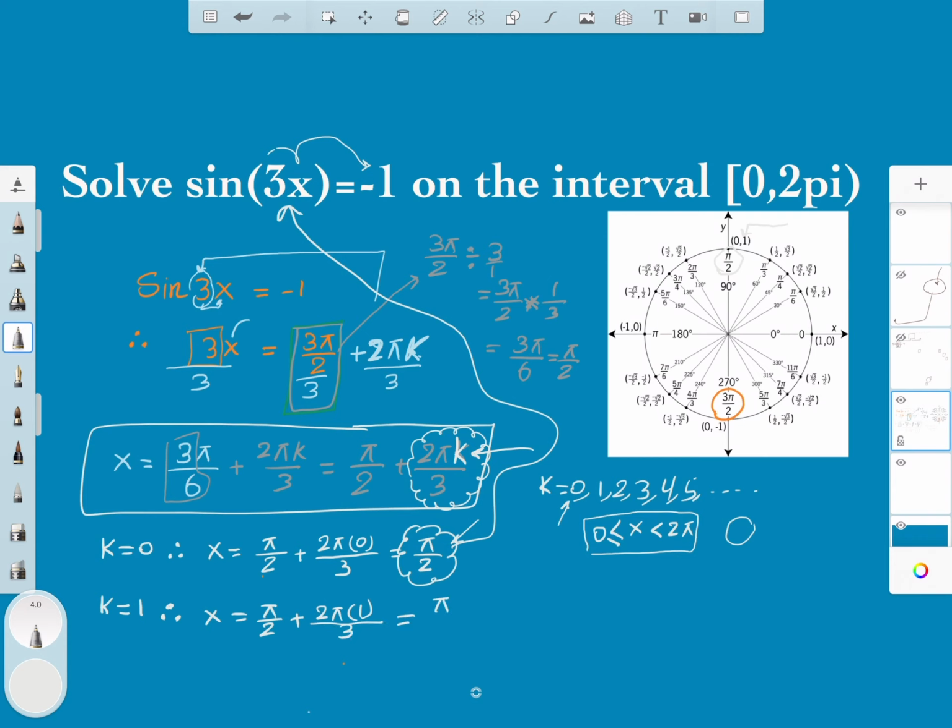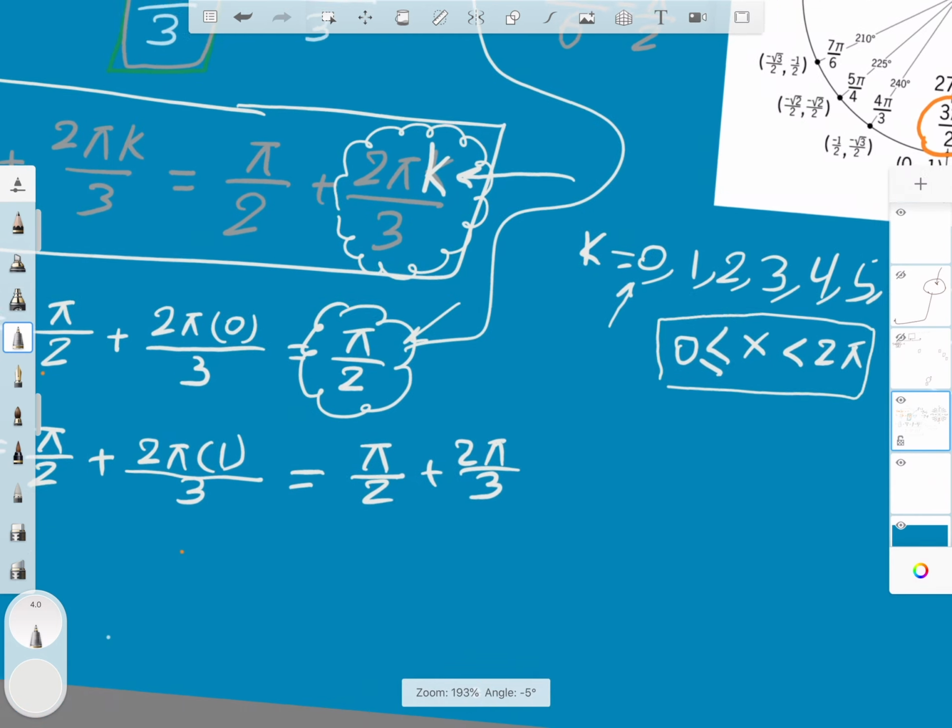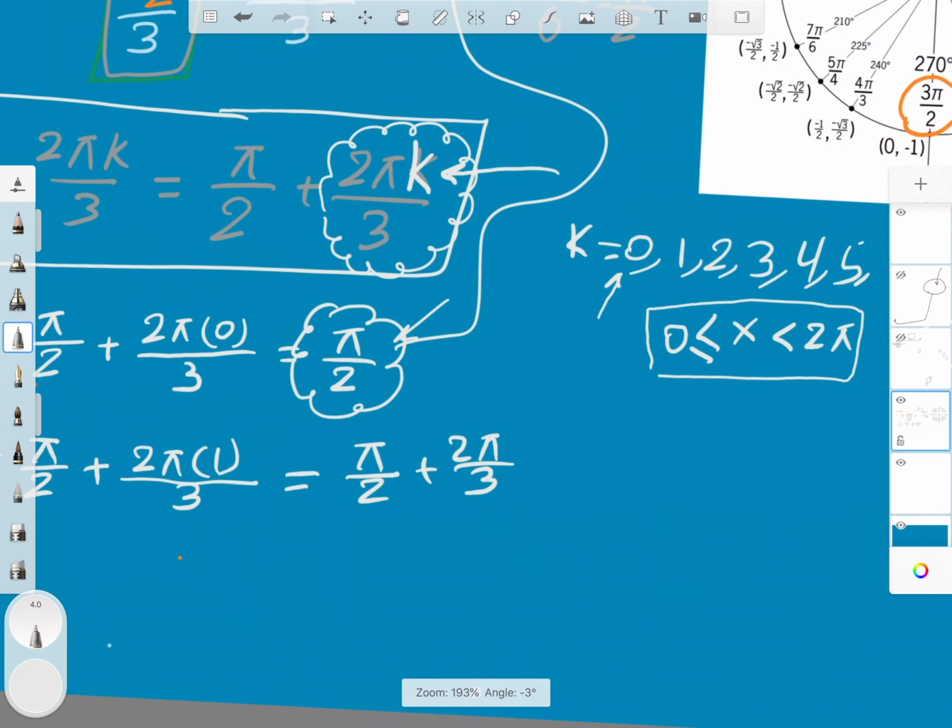This gives us pi half plus 2 pi over 3, equal to, when you find the common denominator, which is 6, 3 pi plus 4 pi.